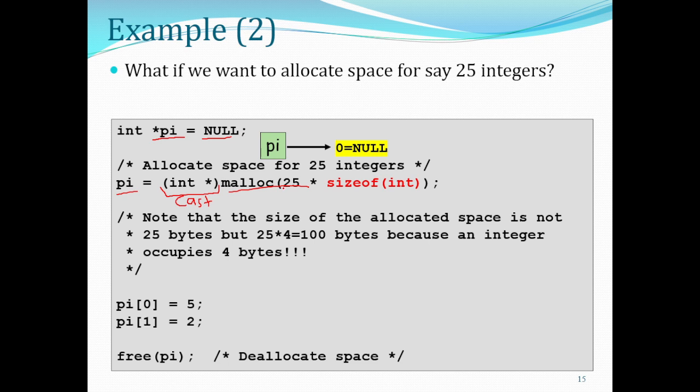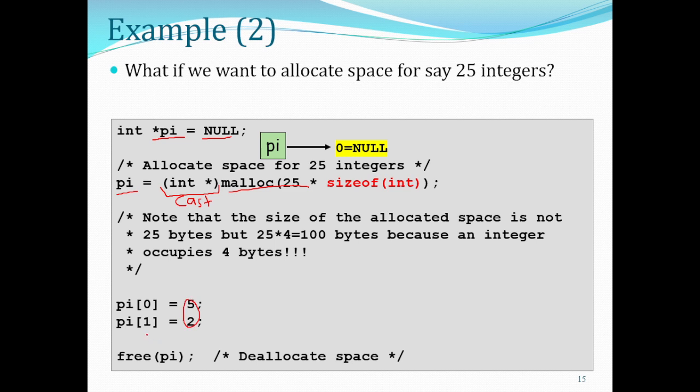So malloc gives me an address basically, and since each integer is 4 bytes long, this will give me a 100 bytes long chunk from memory, from the heap, and then I'm able to use those chunks.